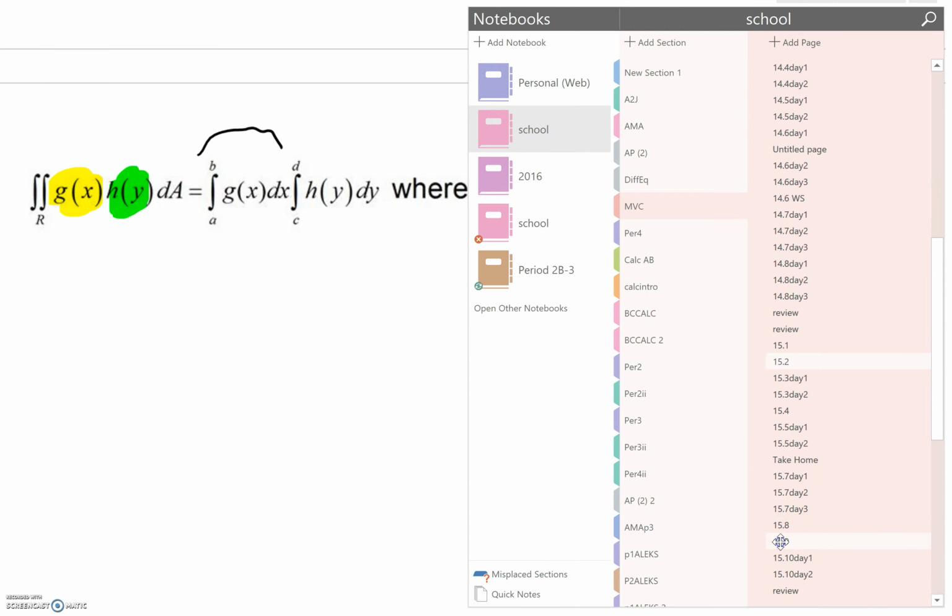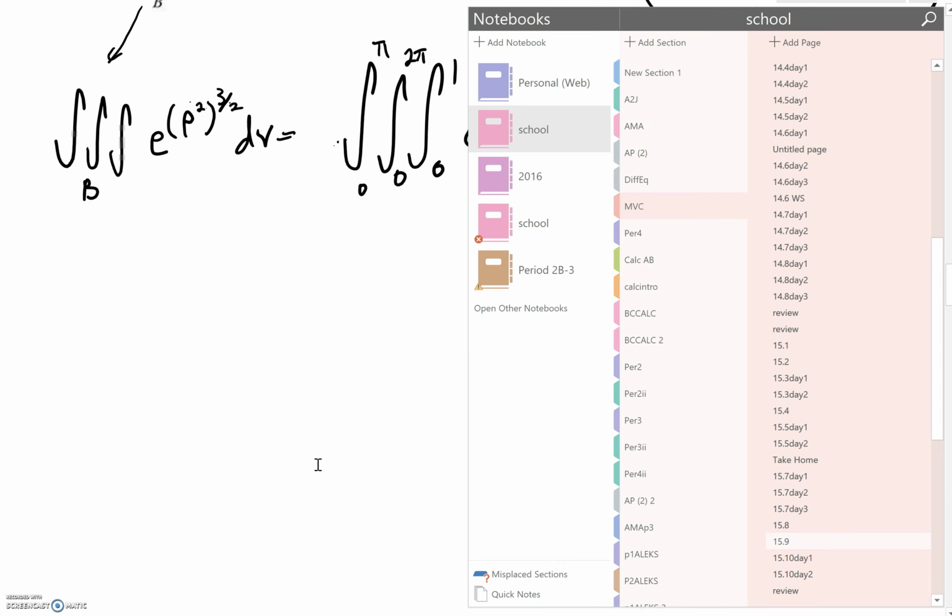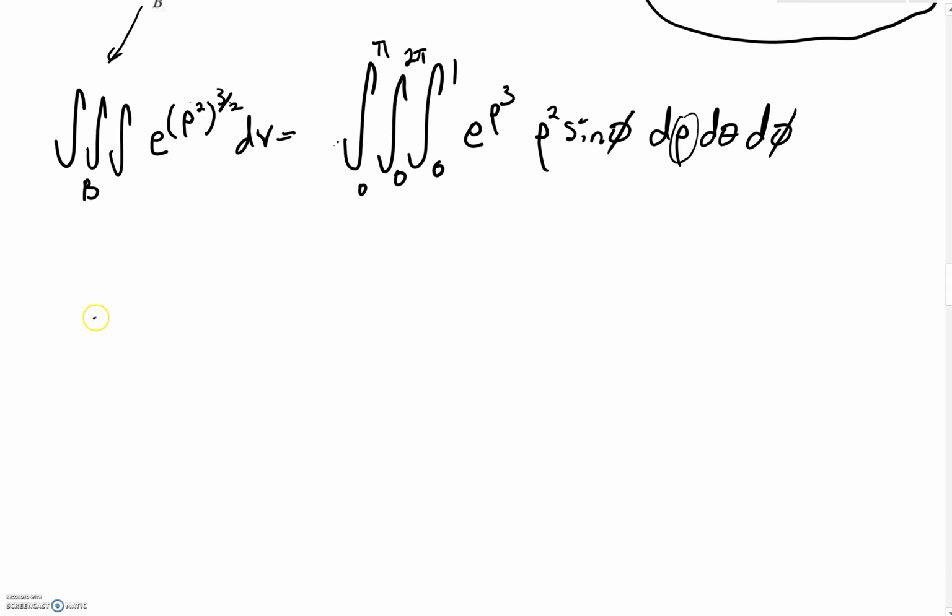You don't have to do that, but I certainly wanted to make note of that, because this could really clean things up. Let's just look right here and see that we've got 2 functions multiplied together with respect to rho, and our integral goes between 0 and 1. So I'm going to have e to rho cubed times rho squared d rho.